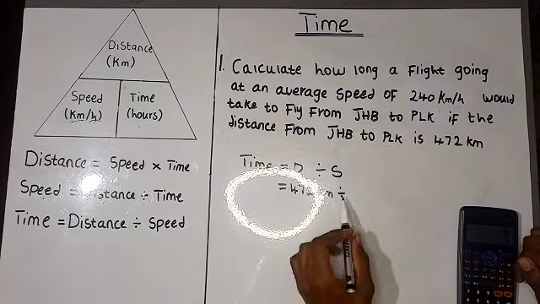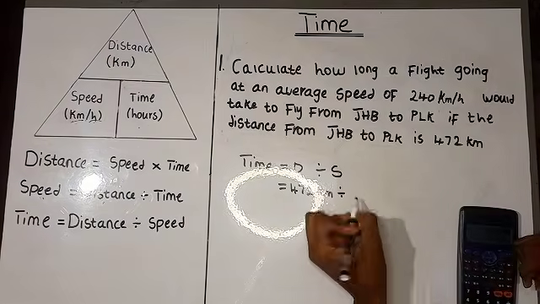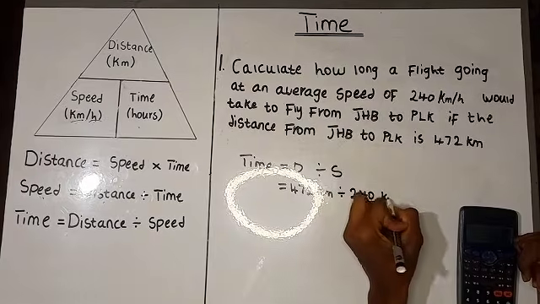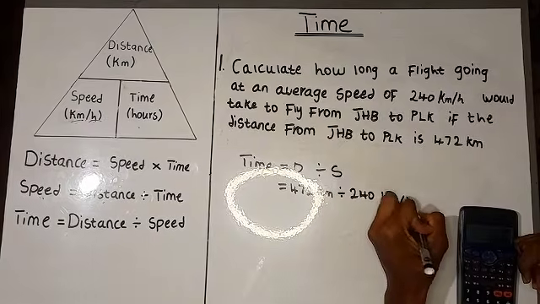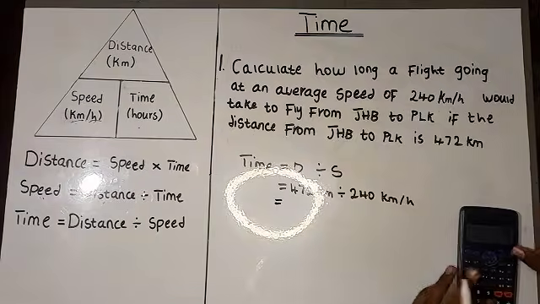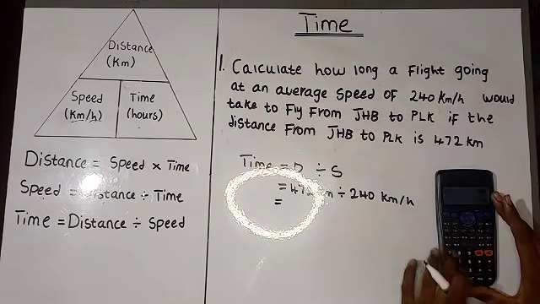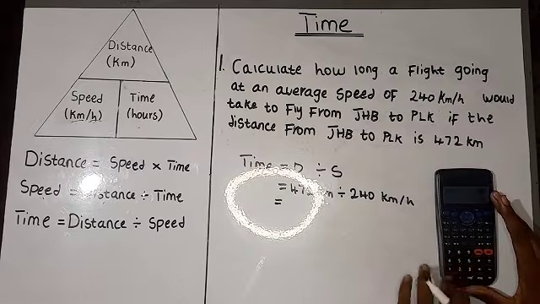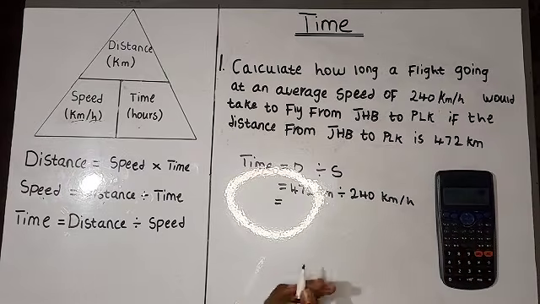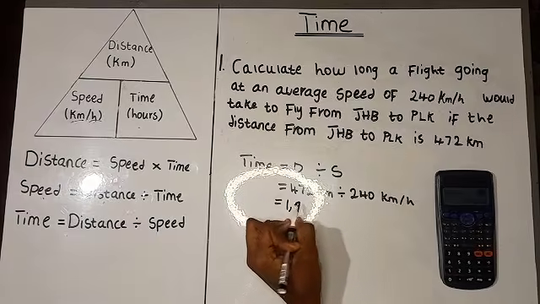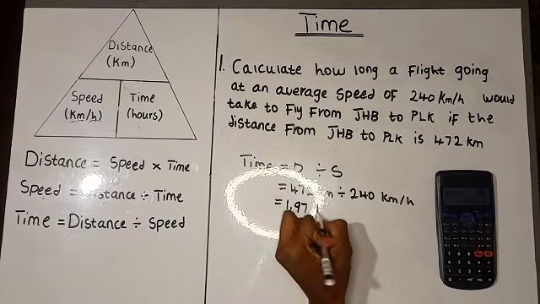472 kilometers divided by speed, and the speed is 240 kilometers per hour. It should give us the time in hours. So it's 472 divided by 240. It gives us 1.97 hours.